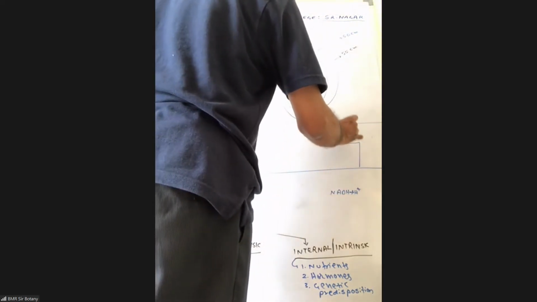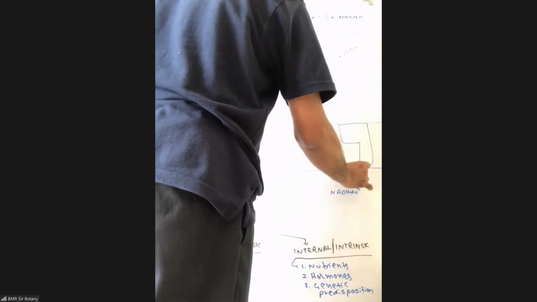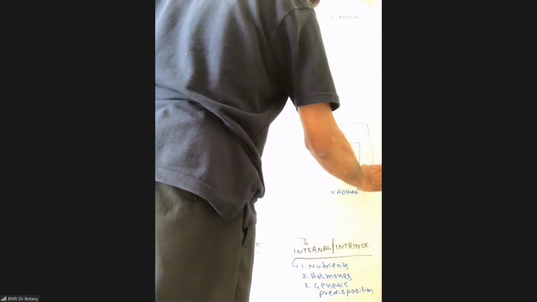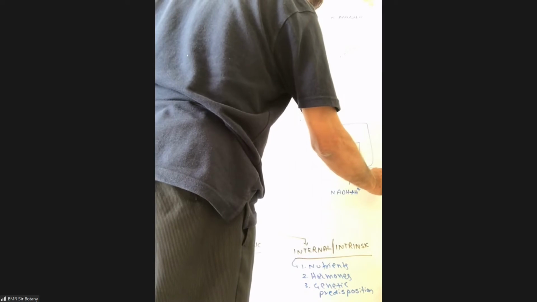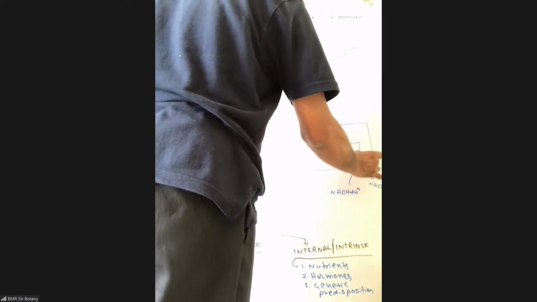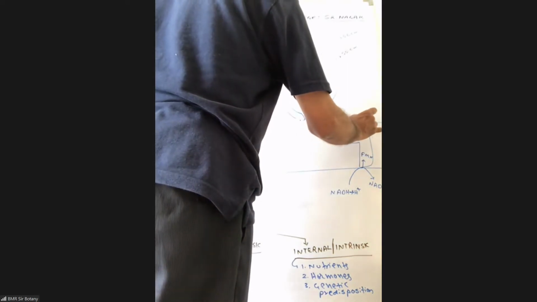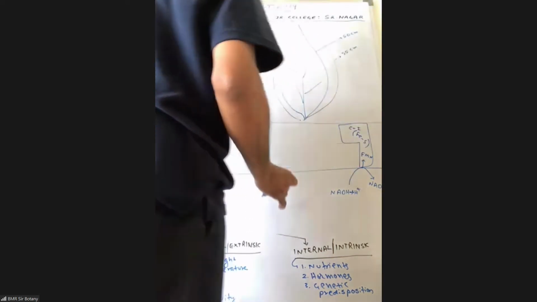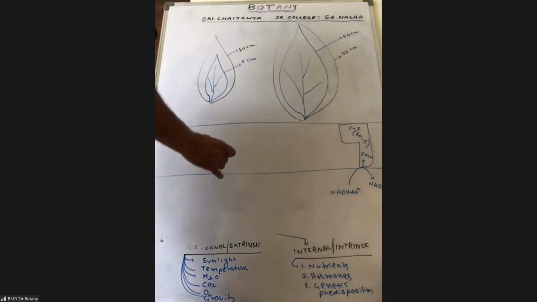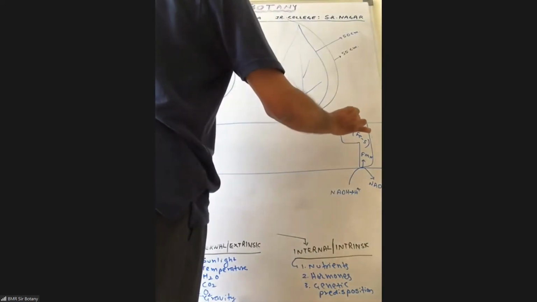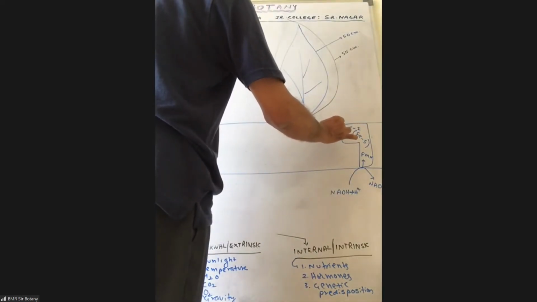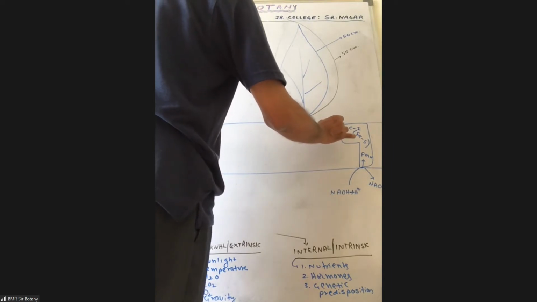Complex 1, what was it doing, Nana? Oxidation of NADH into NAD plus. Electrons go to the FMN part of complex 1, which is also associated with several iron sulfur centers. Electrons from complex 1 are transferred to ubiquinone.